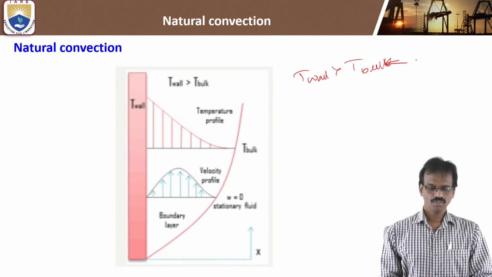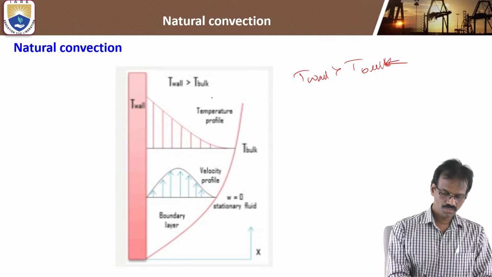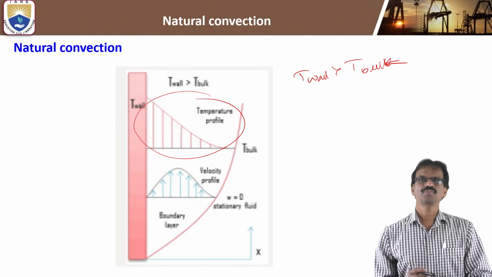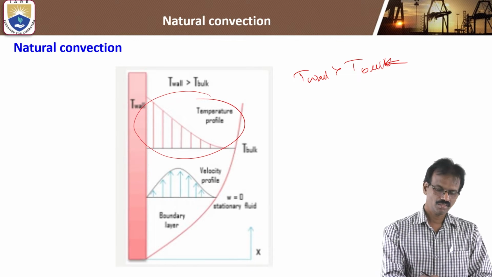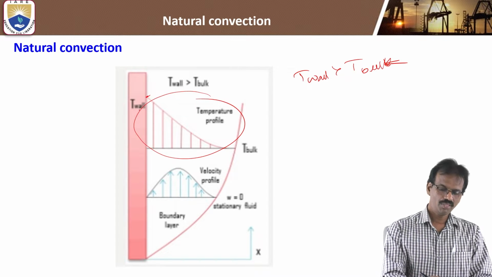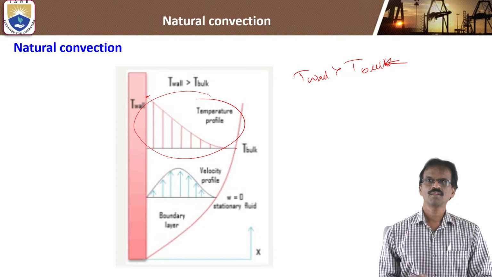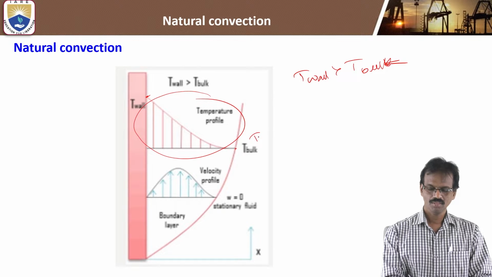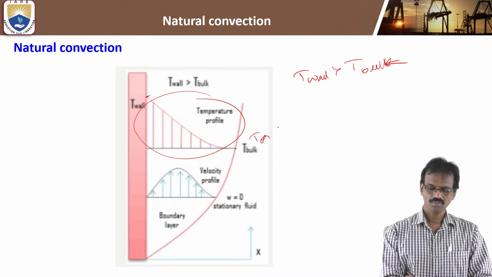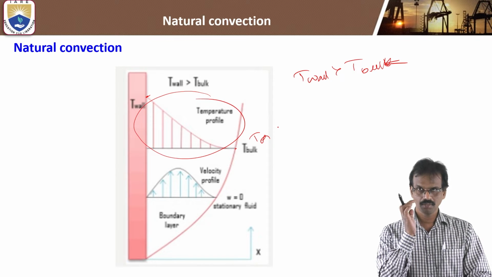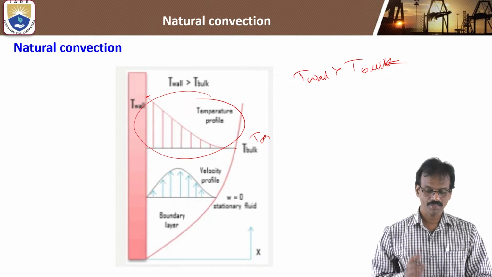This shows the thermal boundary layer. The temperature at the solid surface is high, and it gradually decreases until it is nearly equal to the bulk fluid temperature.